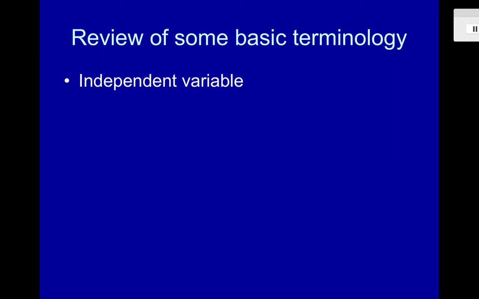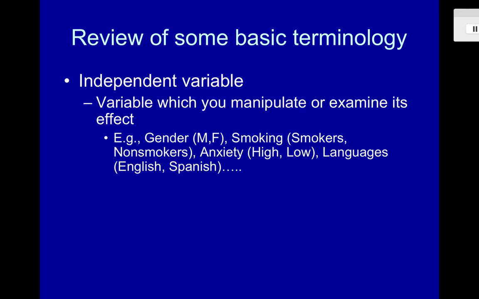With an independent variable, again, do not think that we're always talking about the variable that we manipulate or that we control. Independent variables come in many different forms. Independent variables can be the one that we manipulate, or it can potentially be the one that we examine or that we observe to potentially have an effect. So in other words, think of an independent variable as being your predictor.